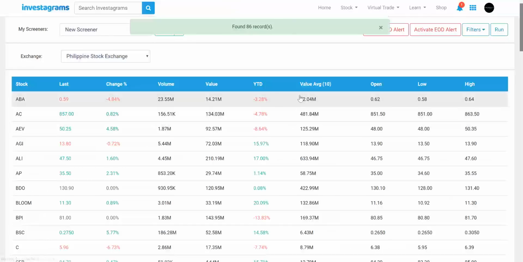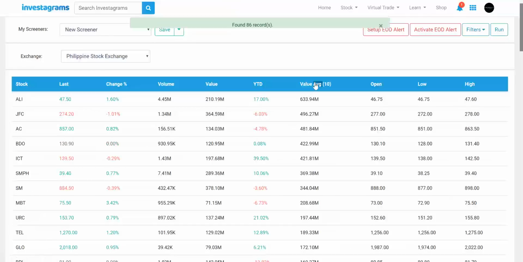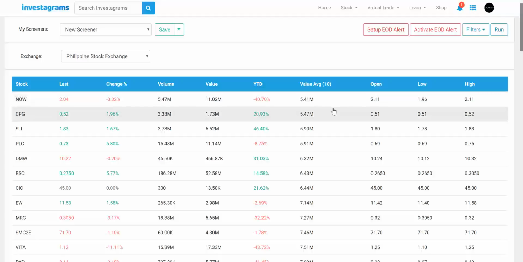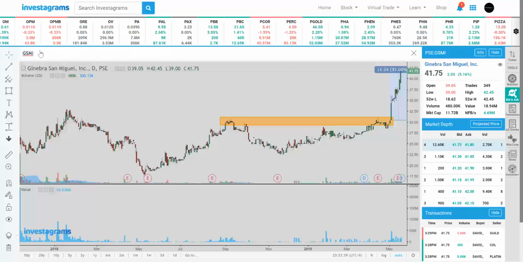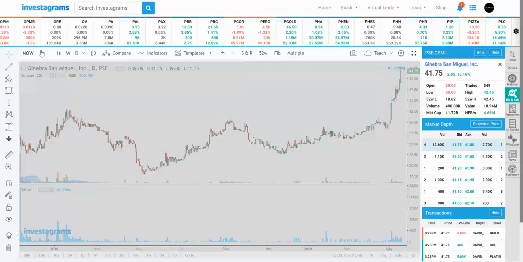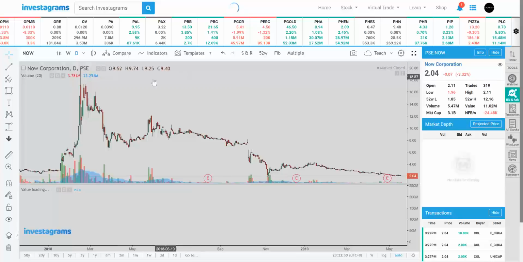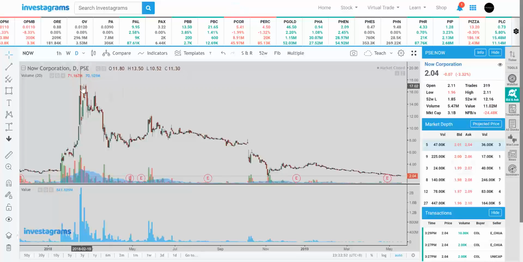Okay, so once we filter this, again we start at the bottom part. You're going to see one now trading at barely 5 million. From last year, it was one of the stars of the market, or at least one of the most talked about names. It went as high as almost 18 to 20, right?